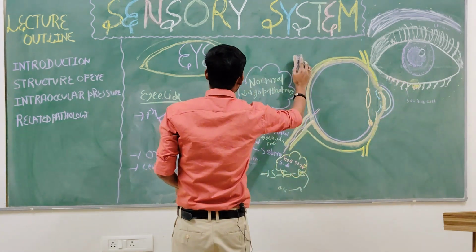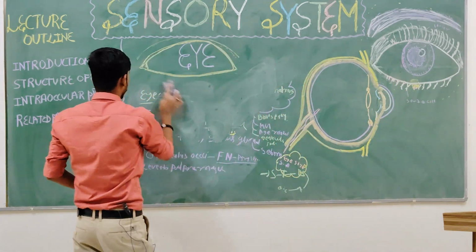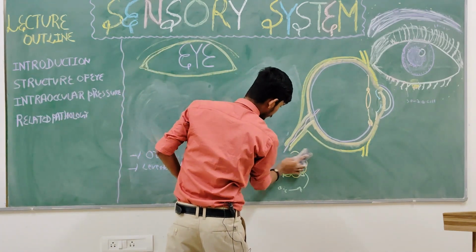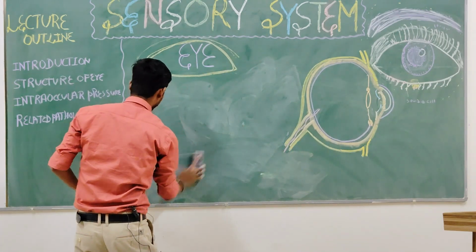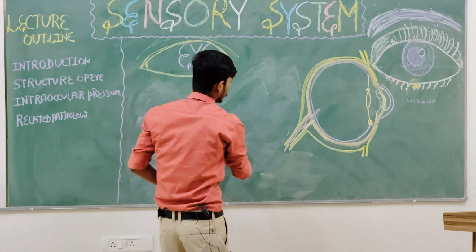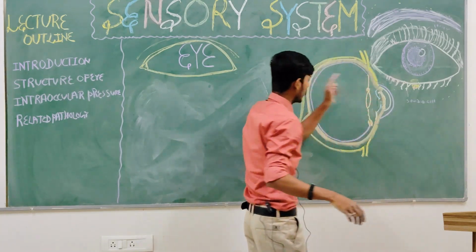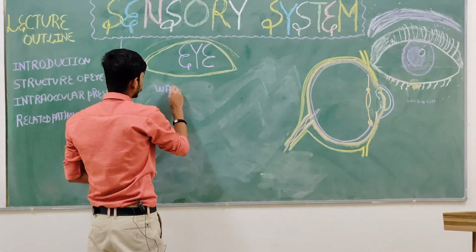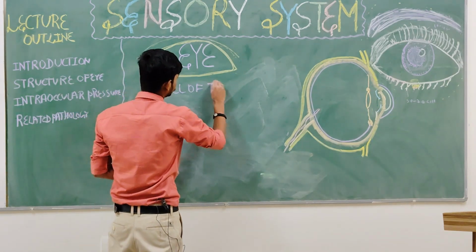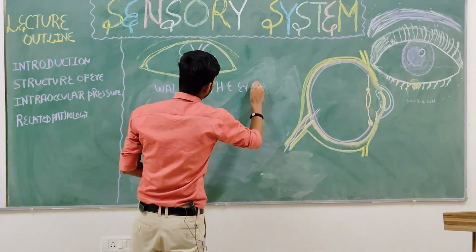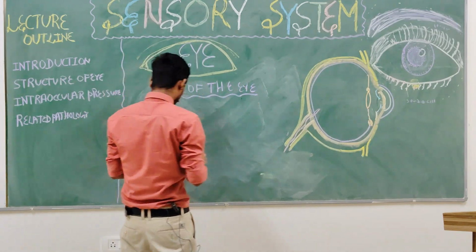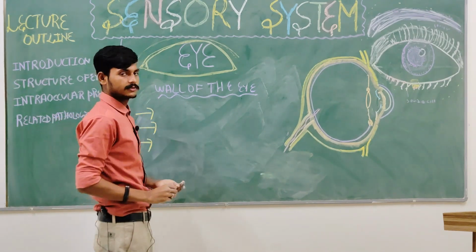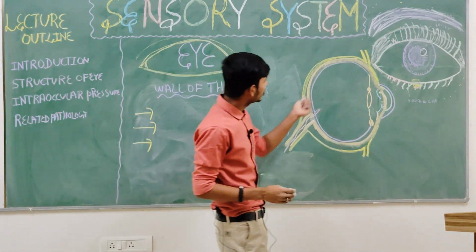Now let's move ahead. Once we have described the eyelid, eyebrow, and eye socket, now we discuss the wall of the eye. The wall of the eye is divided into three parts, that is, there are three walls present in the eye.